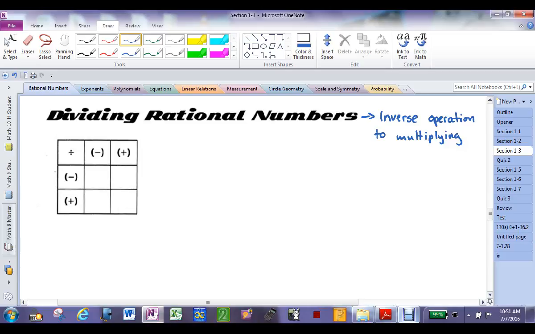The first thing we're going to do is remind ourselves of this. Since it's related to multiplying, the rules stay the same. Negative, negative, they're the same sign, so what's my answer going to be? Positive, positive, they're the same sign, so it's going to be positive. And then when they're different signs, it's going to be negative. That rule doesn't change. Okay? Everybody cool? Yeah. All right.